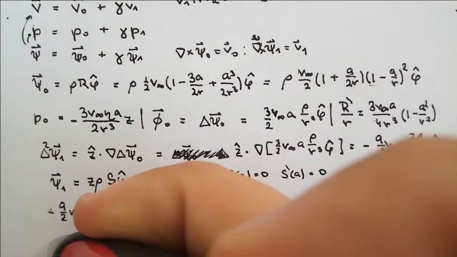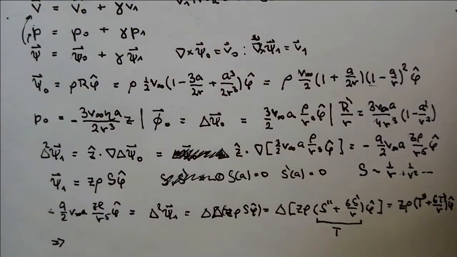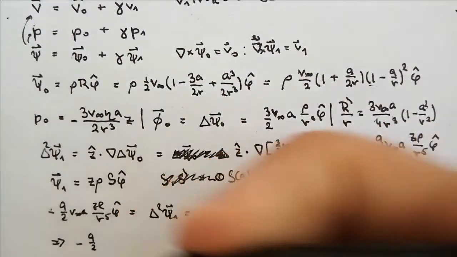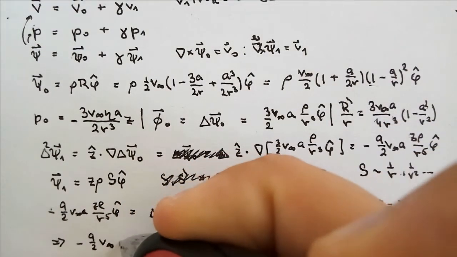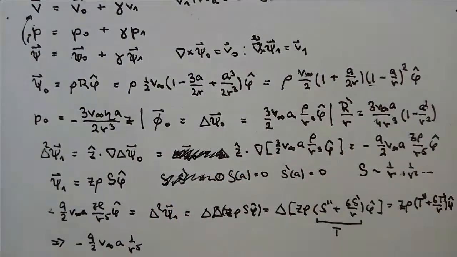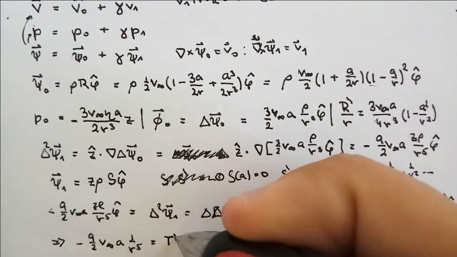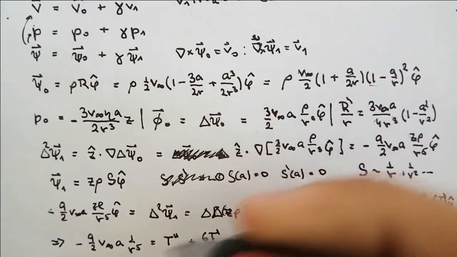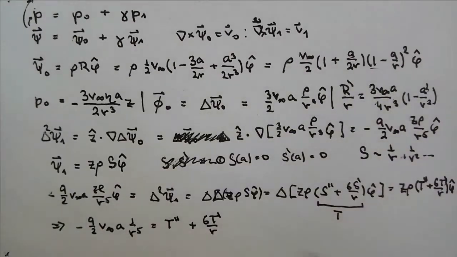So that means that t must satisfy: minus 9 halves v infinity a times 1 over r to the 5th power is equal to t double prime plus 6t prime over r. This is the differential equation.